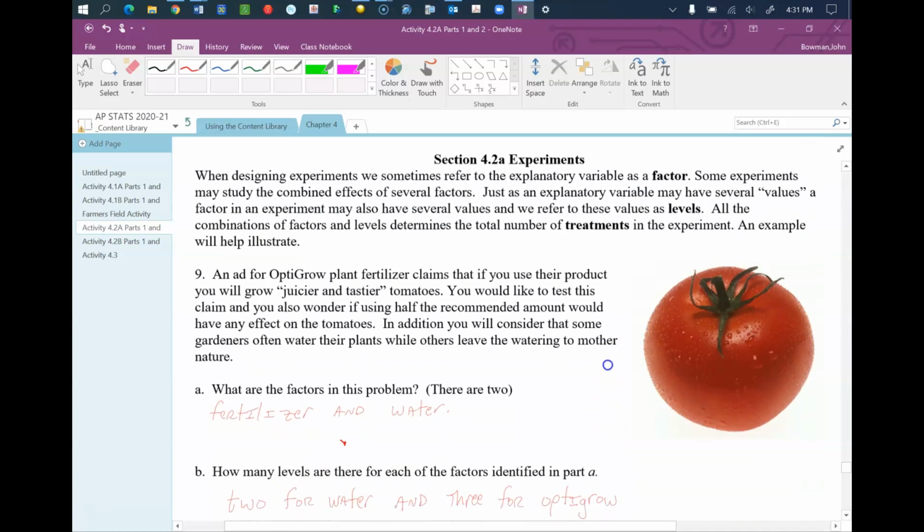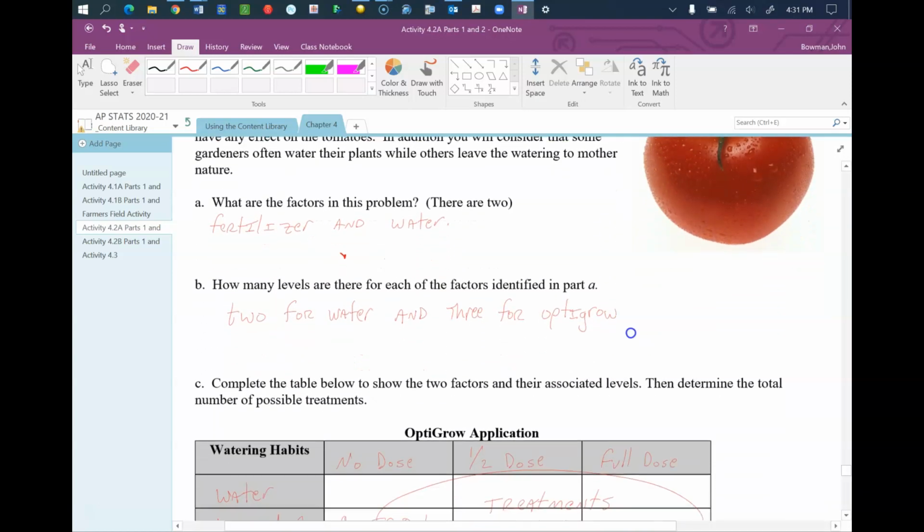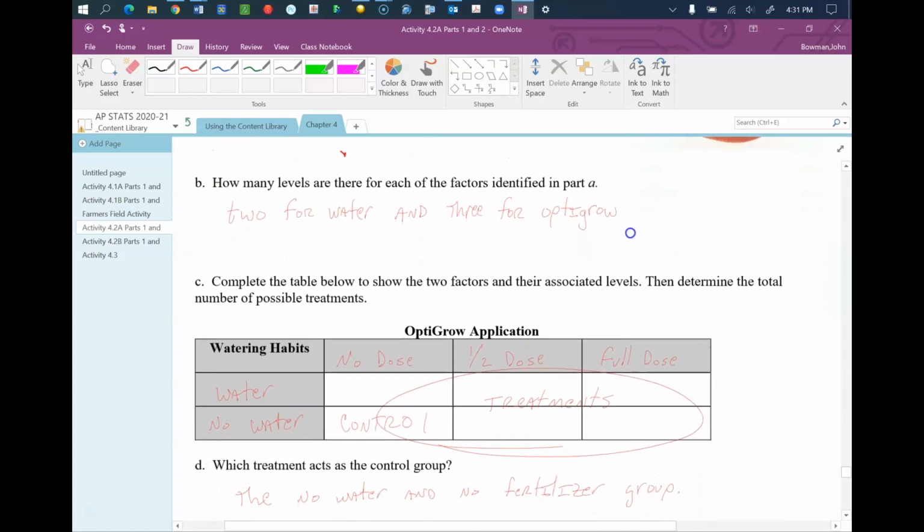So those factors and levels and treatments are summarized in this table. Optigrow and water are the 2 factors. Optigrow's no dose, half dose, full dose are the 3 levels of Optigrow. Water, no water are the 2 levels of water. And the 6 combinations thereof make up the 6 treatments.